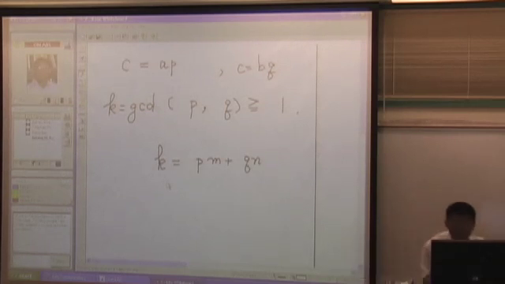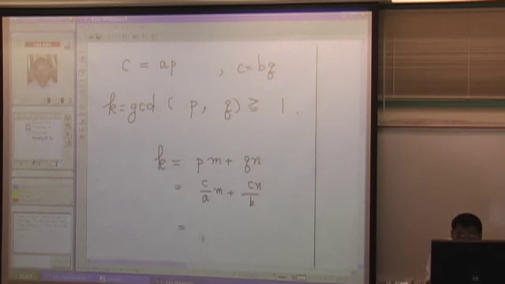So instead of overloading it, I will underload it. P equals C over A M. Q equals C over B N. Then PQM AB.